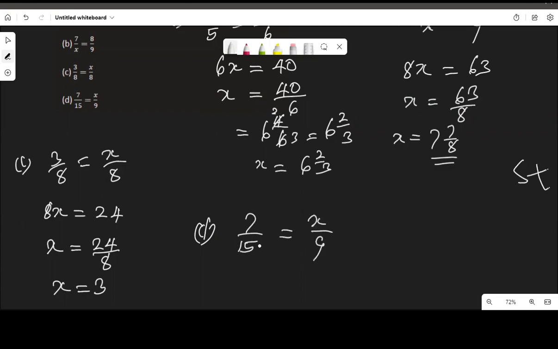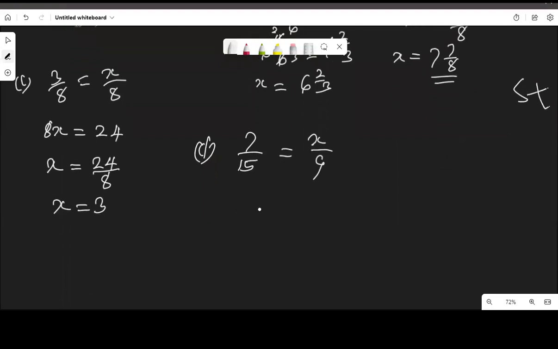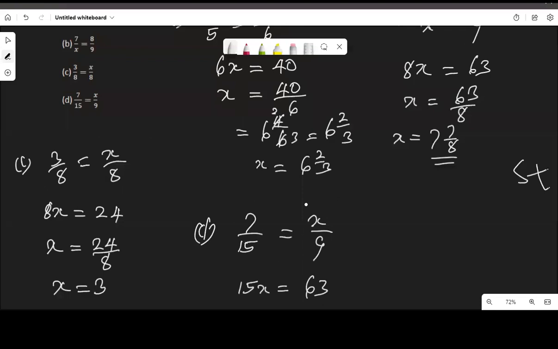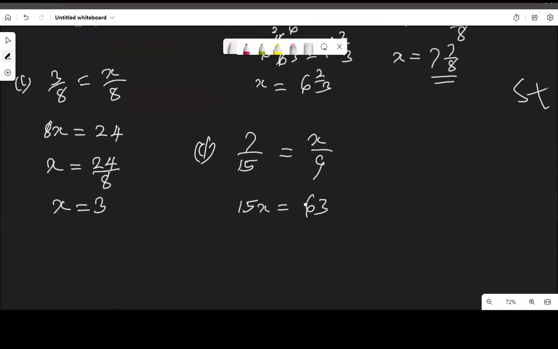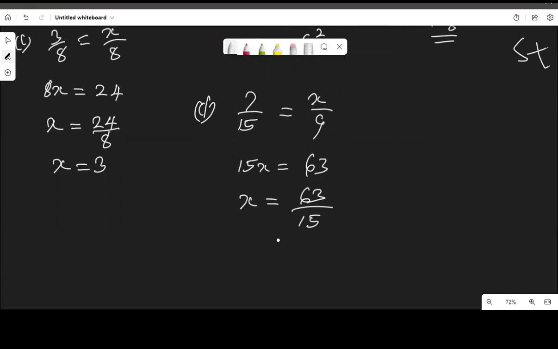And lastly, question D, 7 over 15 equal to x over 9. To get the value of x, we cross multiply. 15 times x is 15x, equal to 7 times 9, which is 63. To get the value of x, we divide both sides by 15. 63 divided by 15 is 4 remainder 3.